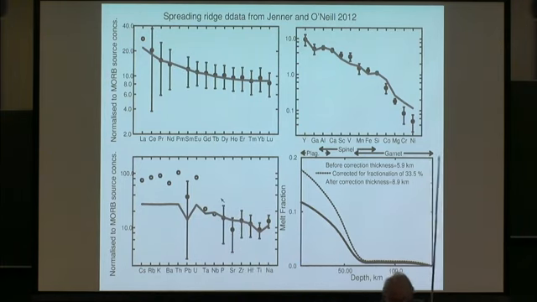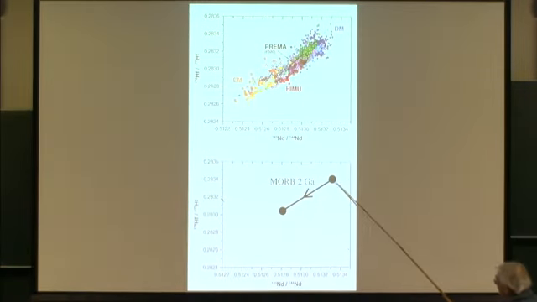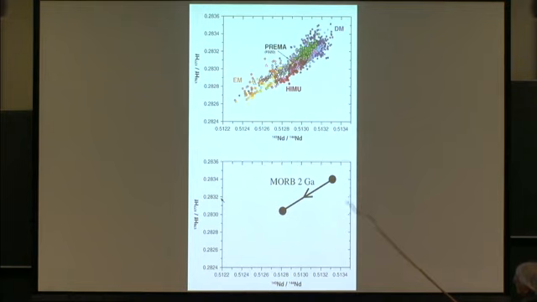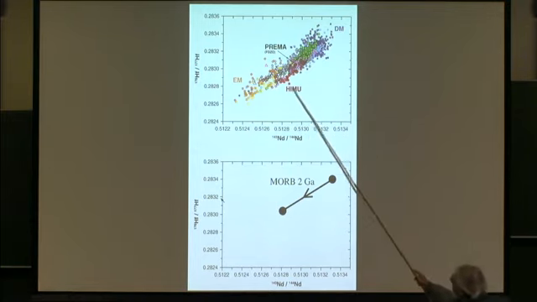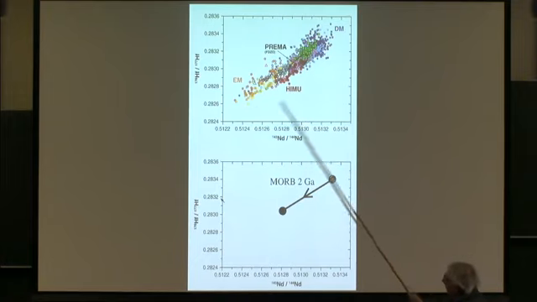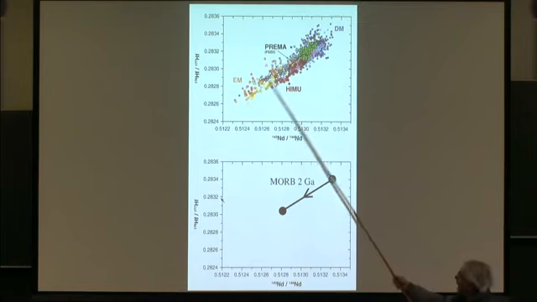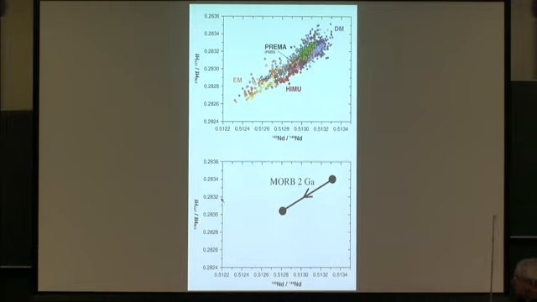If you turn that into the evolution, this is how far you would go in 2 gigayears. And you can see you've gone about to here. So there's a great deal of stuff which is not explicable in terms of the aging of a MORB source, in terms of the mid-ocean ridge basalts.